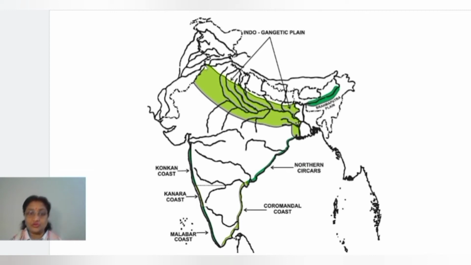So how to mark this plain? This is also called the northern plains of India, and it starts from the border, you can say here, from the extreme western side. And how you have to mark, see children, the first thing you should understand is the lower boundary line, you have to mark it in such a way that it goes almost parallel to the Ganga river. You can see here the Ganga and Yamuna rivers, right?